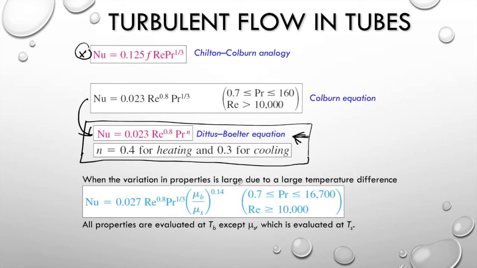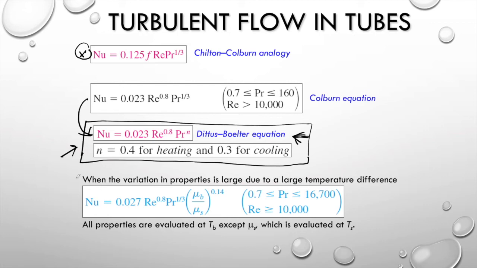Again, when the variation of temperature difference is large, you have to use this equation. In this case, the temperature difference is not large, therefore you cannot use this equation. And you have to use this equation if it falls under turbulent flow in tubes.